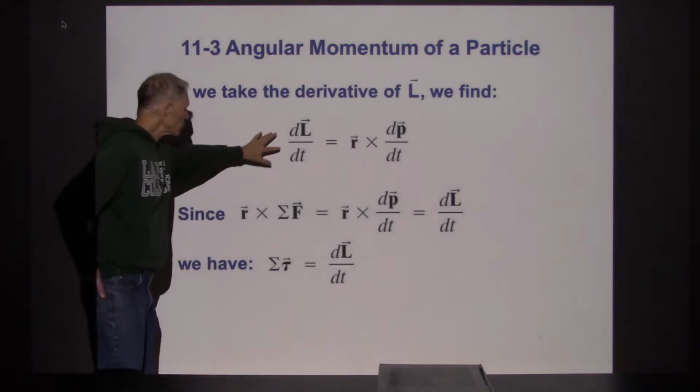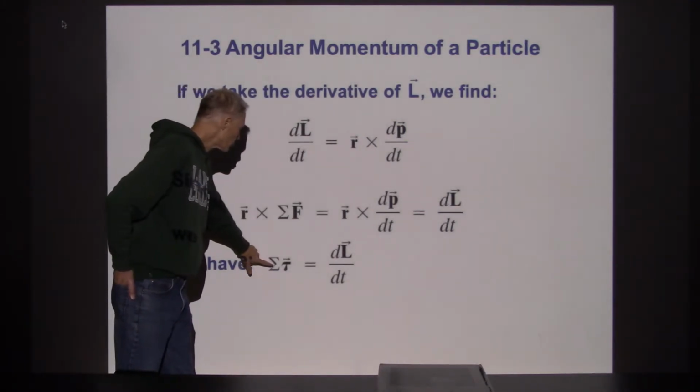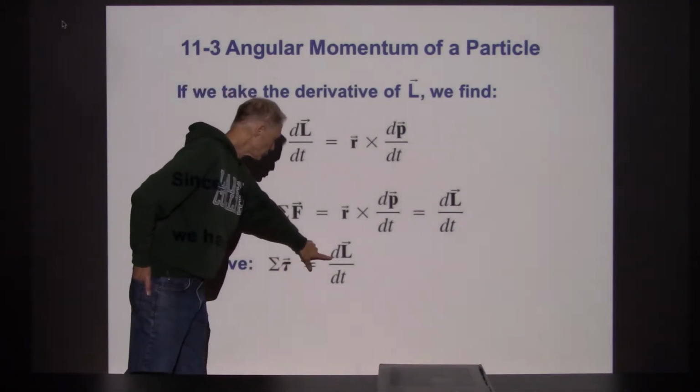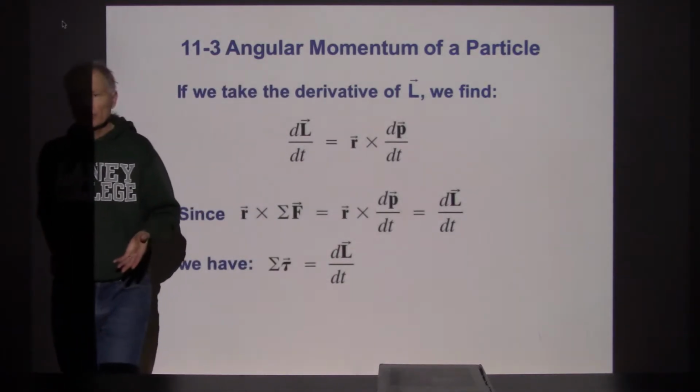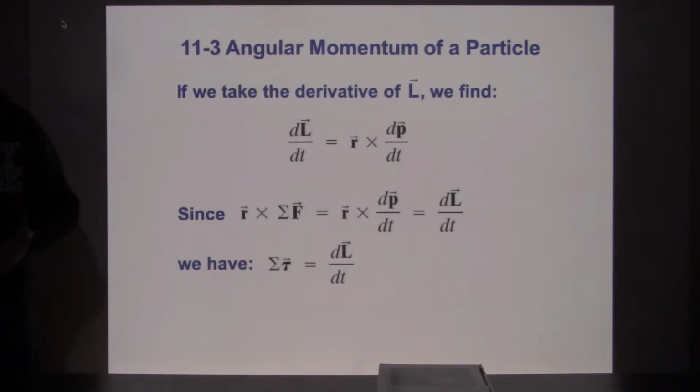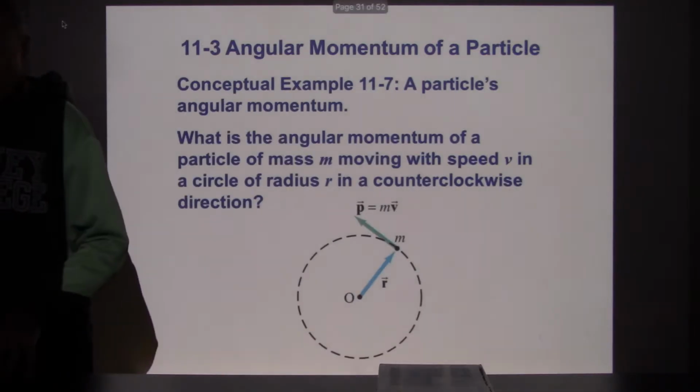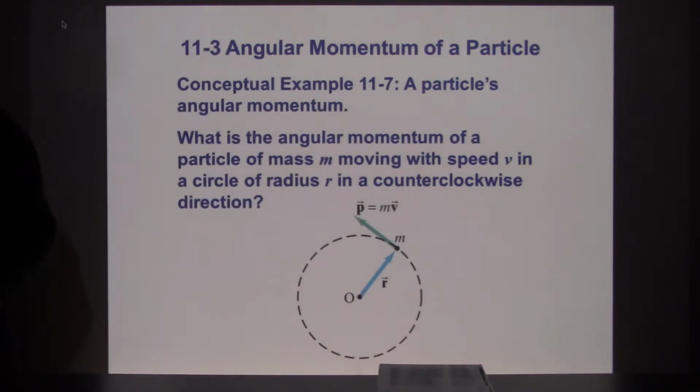And what we'll be able to show from that is that the torque determines the rate at which angular momentum is changing for an object. So the torque transfers in angular momentum. That's what that math is telling us. Let's see how that actually applies in an example.